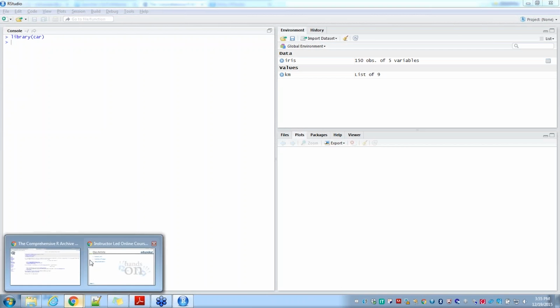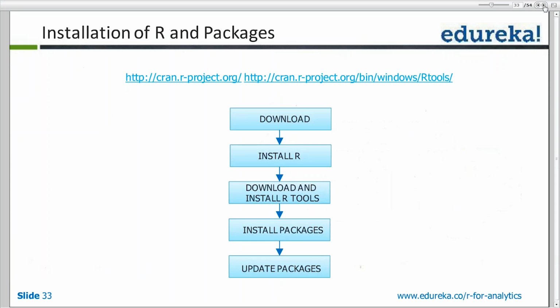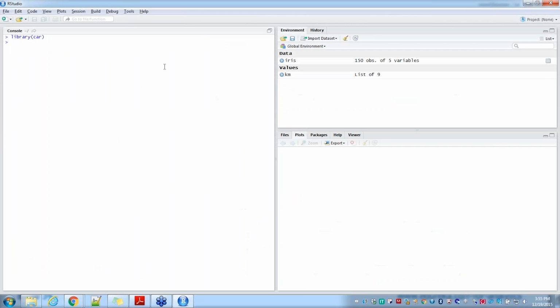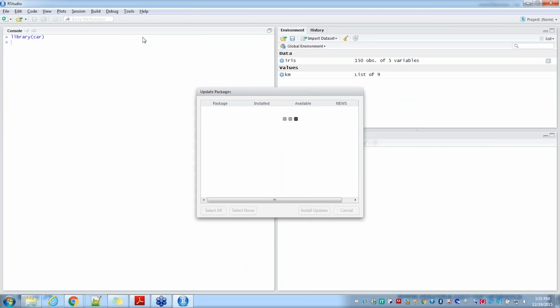Now let's get back to our material. So we spoke about downloading R, installing it, and then how about installing packages and updating them. You could update packages as well. You could go to Tools and check for package updates.